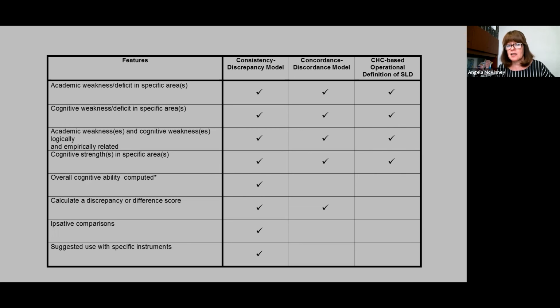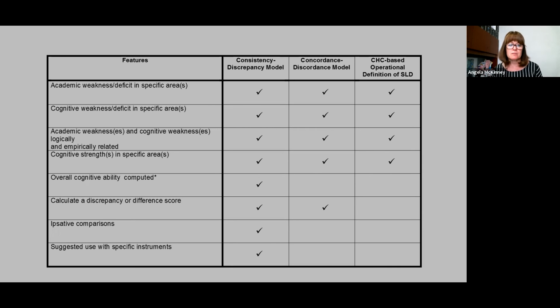So if your IQ is 100 across the board, or 90 to 105, but you really don't have any scatter that indicates a specific processing weakness, then it is not specific learning disability by definition.